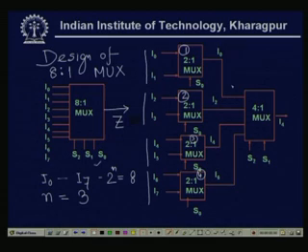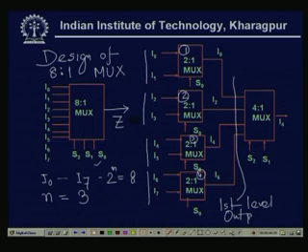Now, these are the first level outputs, which will be treated as the second level inputs. As there are 4 outputs, at the second level I am taking a 4 to 1 multiplexer.